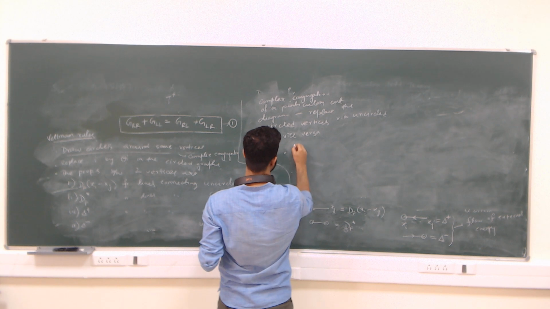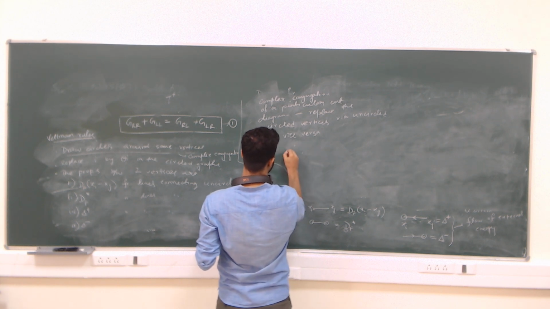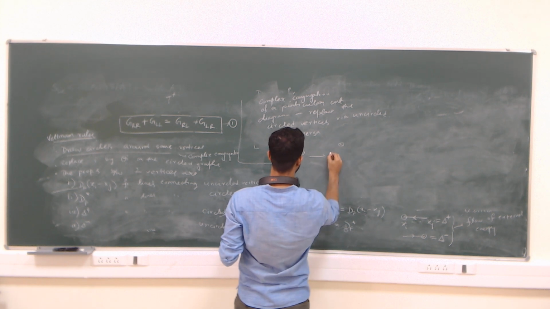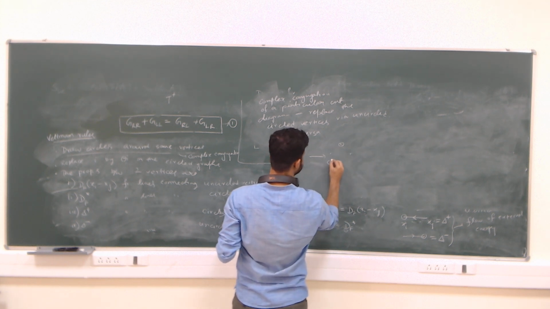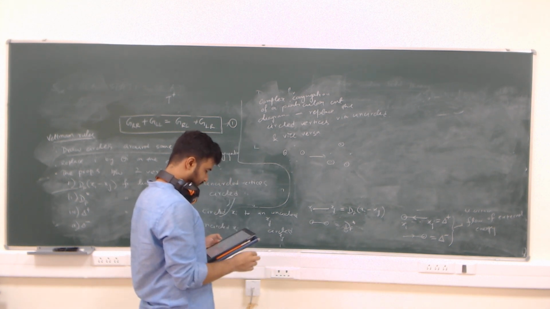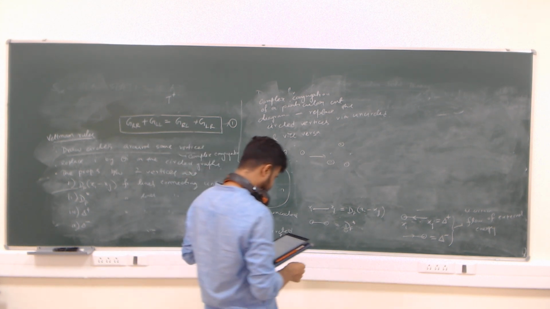So if I had this and this circled, the complex conjugate will be this circled. And these are just notations that I find.